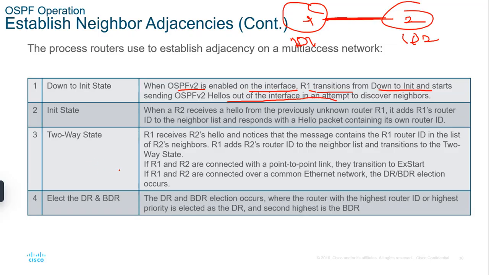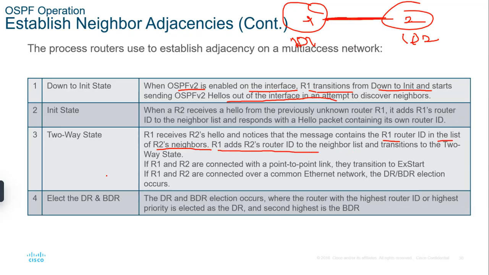So in two-way, router 1 receives router 2's hello and notices that the message contains R1's router ID in the list of R2's neighbors. Then R1 adds R2's router ID to its neighbor list and transitions to two-way.